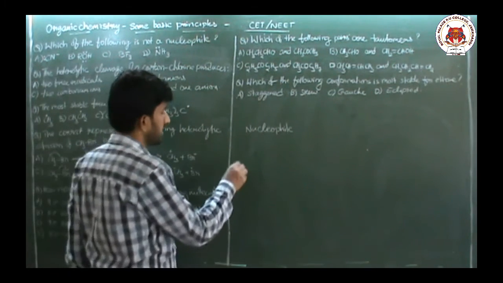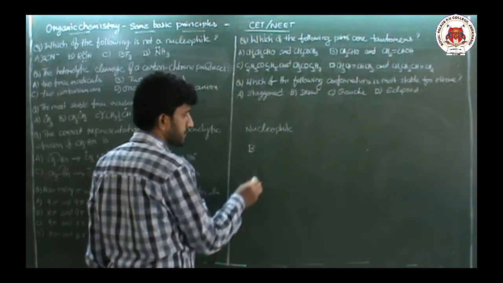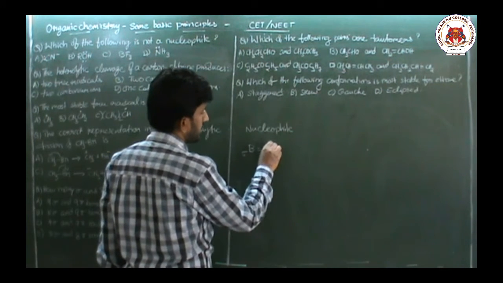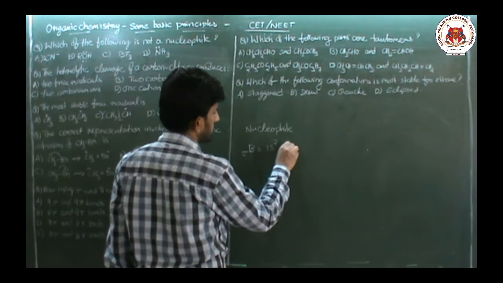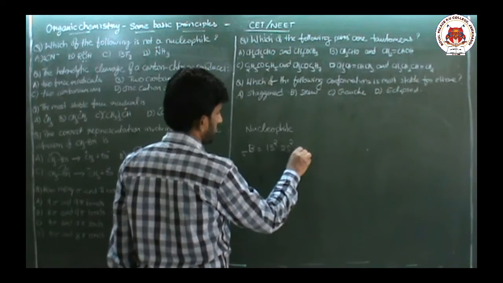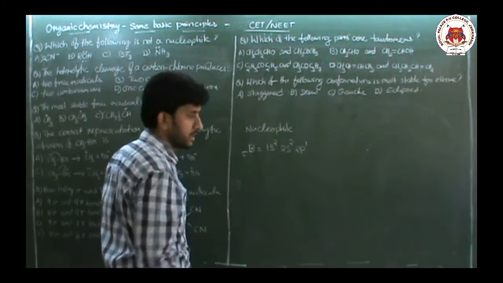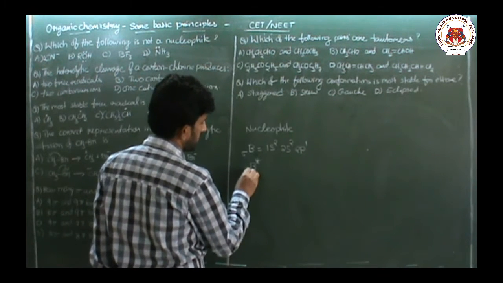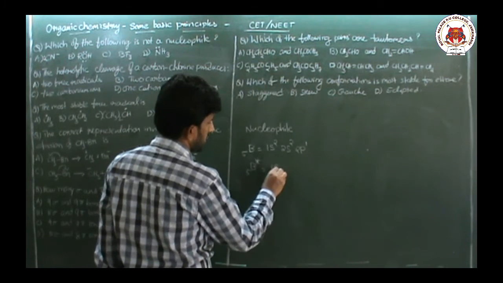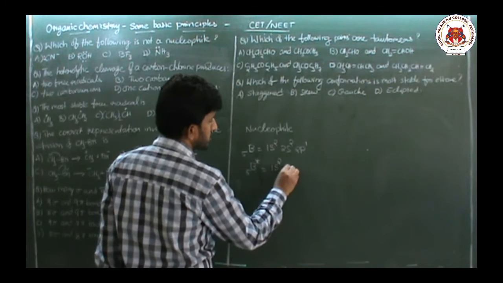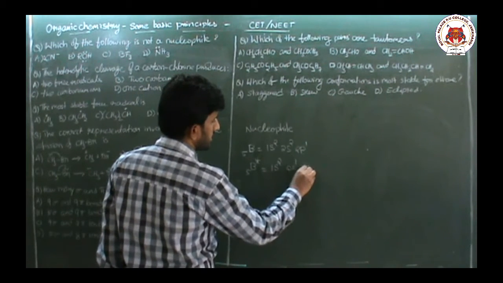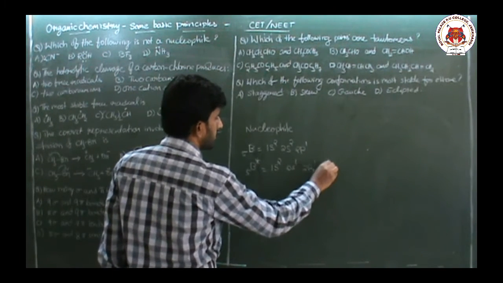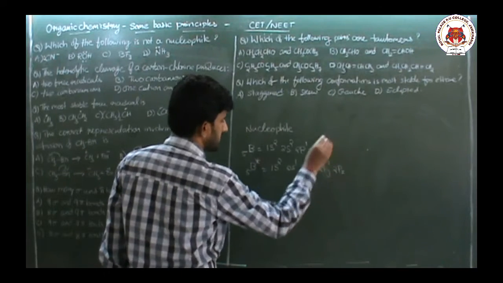How? You know boron's atomic number is 5. So you write the configuration, then you will get 1s2, 2s2, 2p1. If it undergoes excitation, first excitation, then you get 1s2, 2s1, 2px1, 2py1, 2pz.